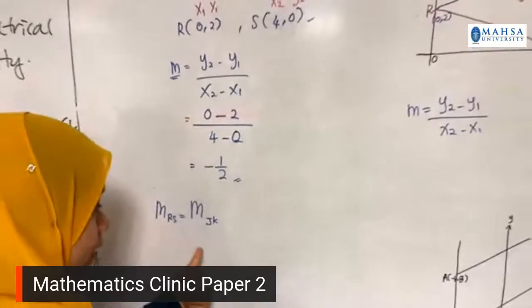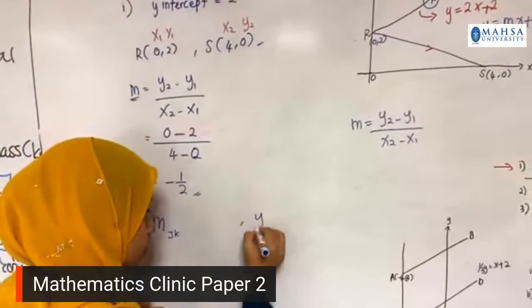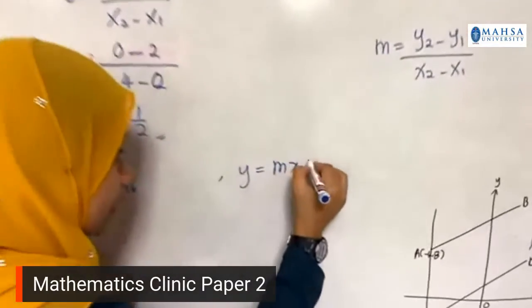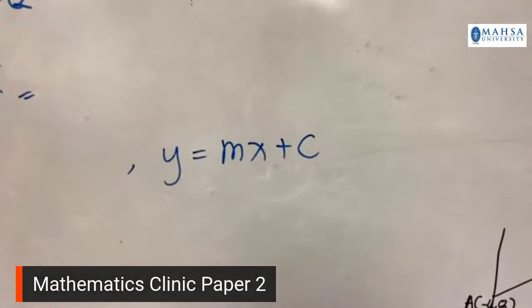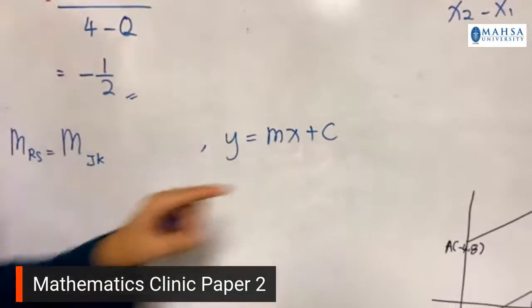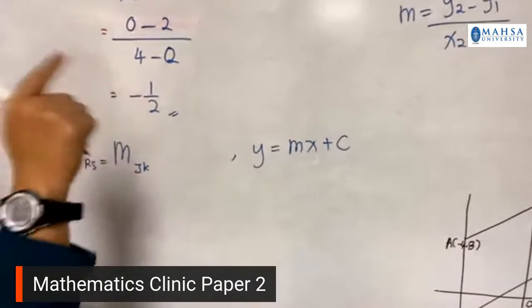If you want to form your equation, you must have your m, then you must have your c. So how to get c? By using one point from the line of JK.